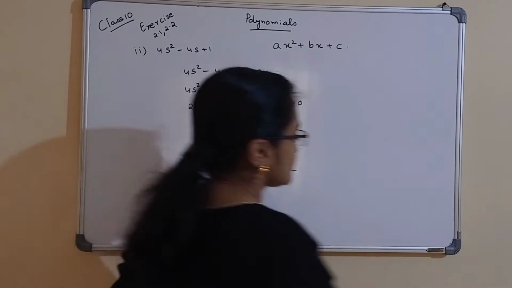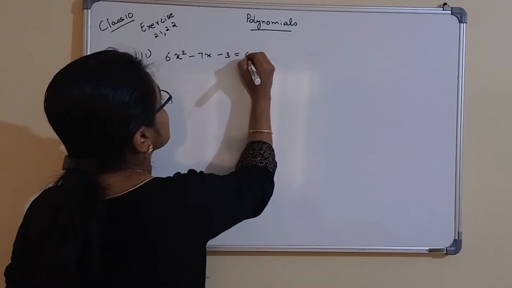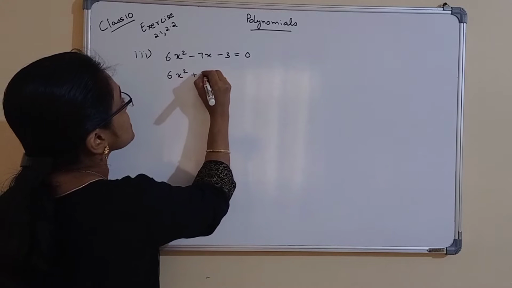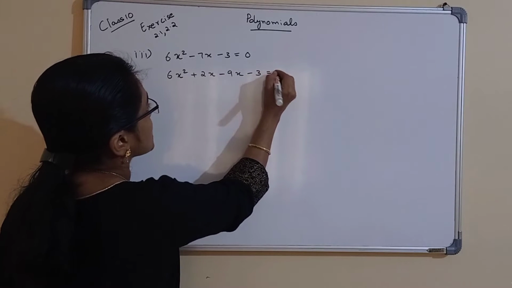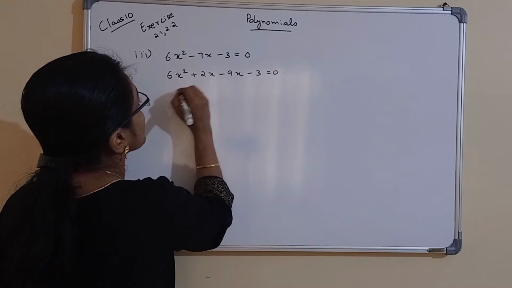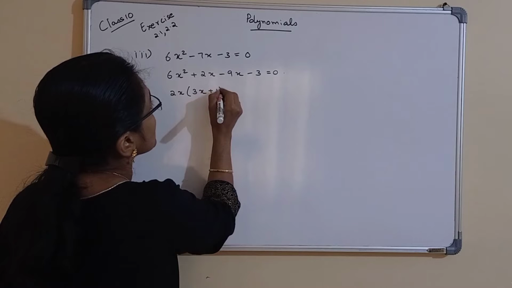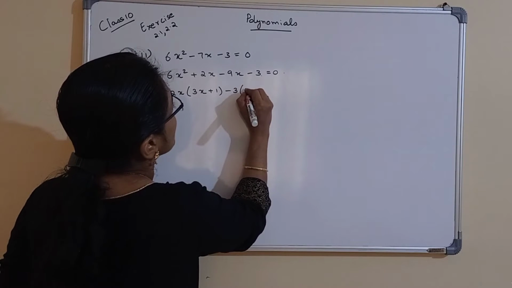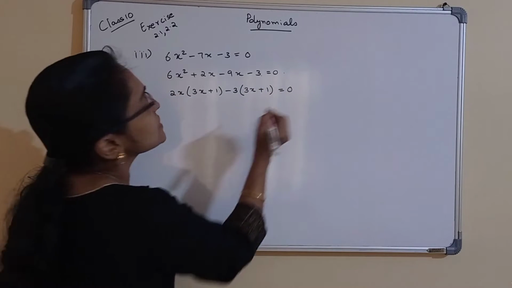Okay. Zeros of this. So we can write this as it is equal to 0. Then it is 6x square plus 2x minus 9x minus 3 equal to 0. Which means we can take 2x out from this. We will get 3x plus 1. And if we take minus 3 out from this, we will get 3x plus 1 is equal to 0.